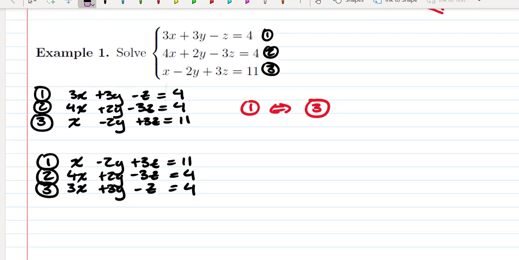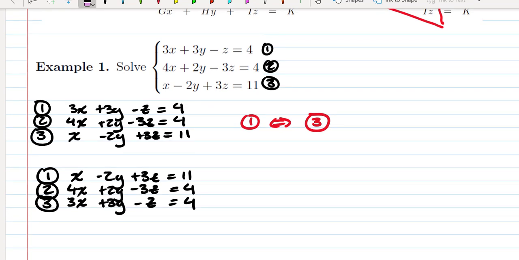So to eliminate the 4x in this, I need to have equal but opposite coefficients on my x's. So I am going to do the following. Negative 4 times equation 1 plus equation 2, and I'm going to use that to replace equation 2.